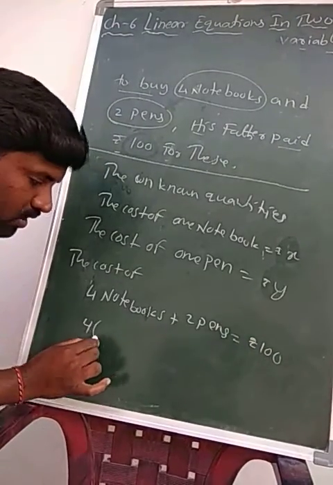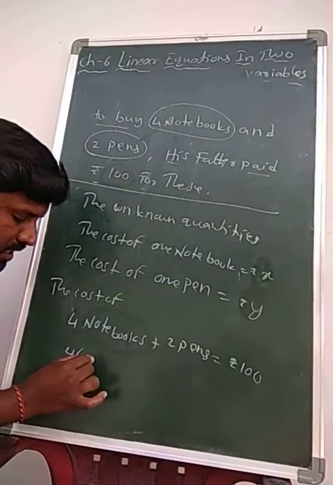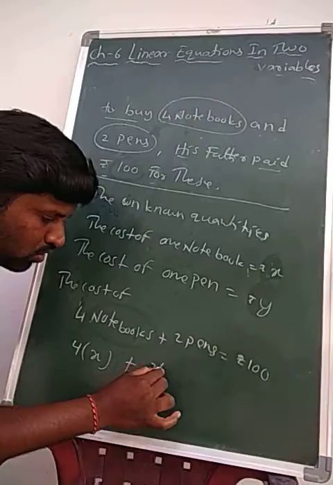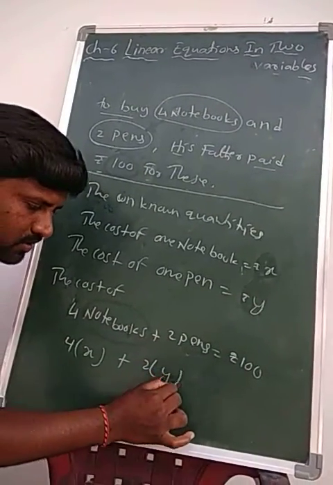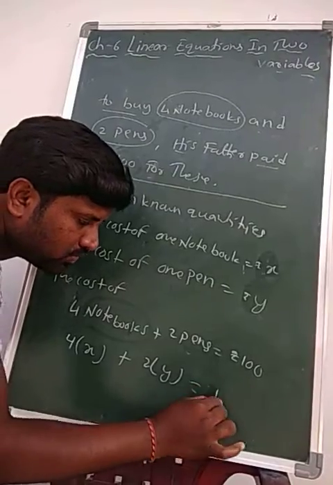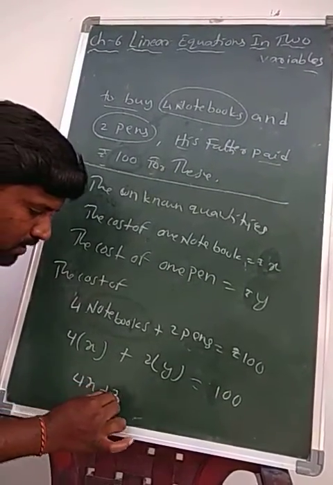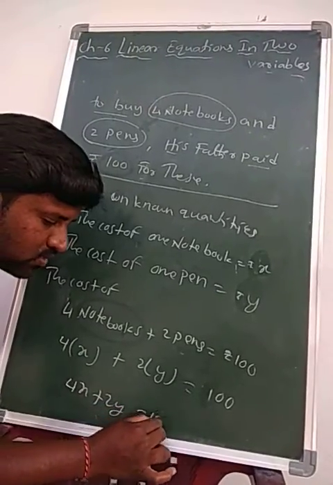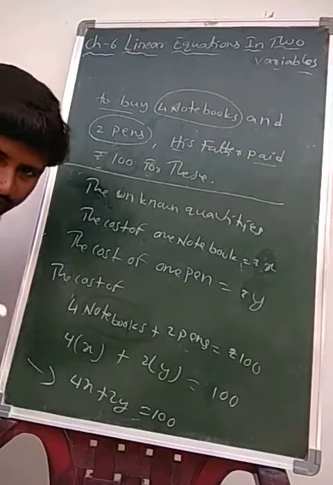Then 4 notebooks cost 4 times rupees x, plus 2 pens cost 2 times rupees y, is equal to 100. Now 4x plus 2y is equal to 100. This is a linear equation.